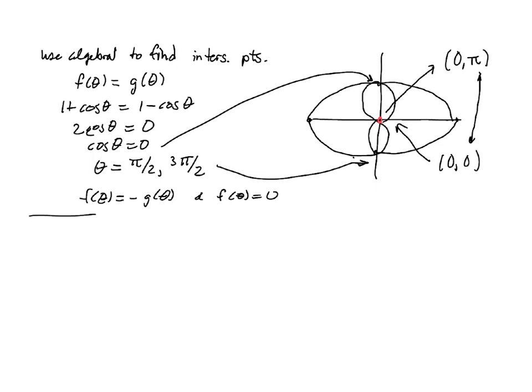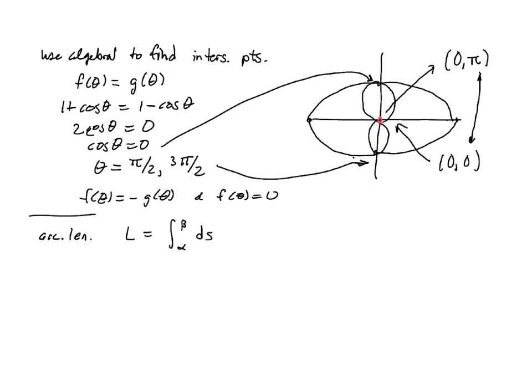Okay, last topic is arc length. And the general formula here, as always, we're looking at the integral from alpha to beta of some form of ds.